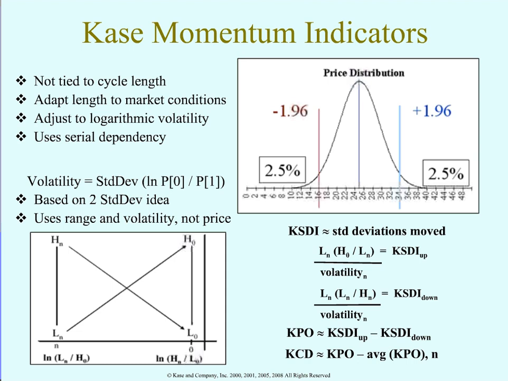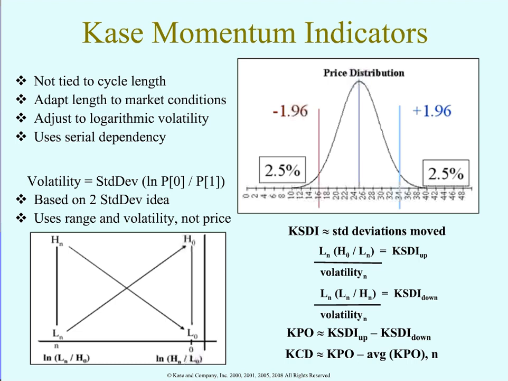So it's the logarithm of the high today divided by the low n days ago, or the logarithm of the low today divided by the high n days ago. I'm going to go ahead and move forward. If anybody has any questions about the math, we can revisit it, or you can always buy my book, or read some of the articles that I've written. Okay? All right, there we go.